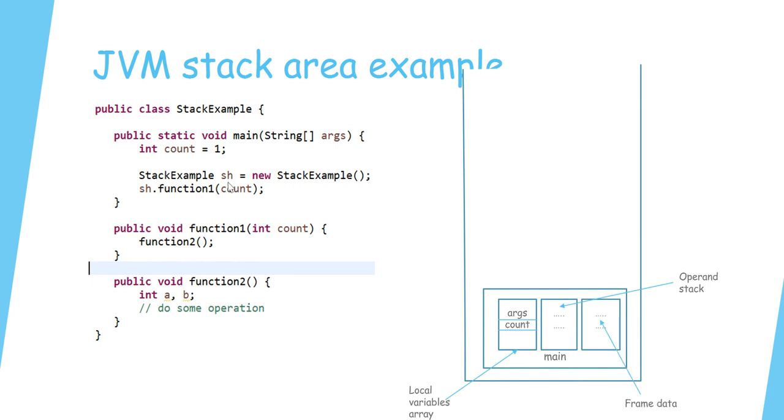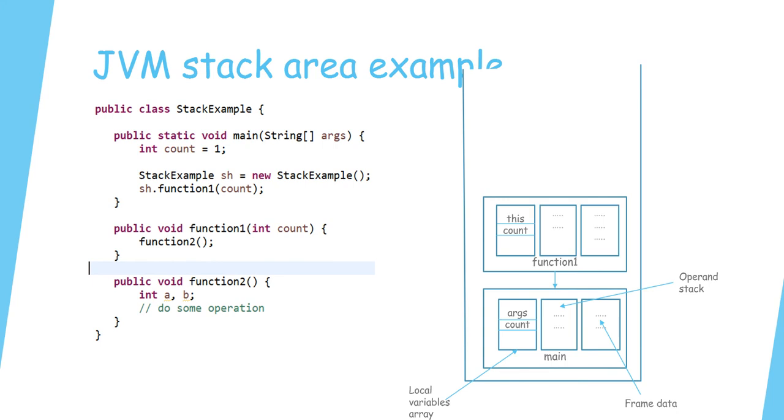When the main method calls this function1 method, a new frame will be pushed to this JVM stack this way, and function1 will also have its own local variable array, operand stack, and frame data. Now you can see for function1 there are two variables defined in the local variable array. The first one is this, because function1 is associated with the instance of the class.